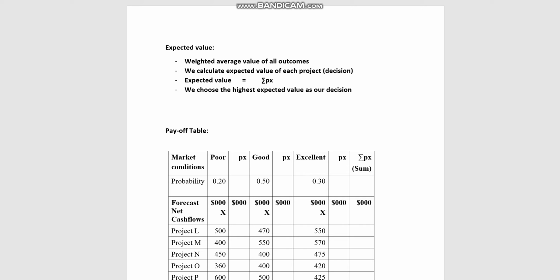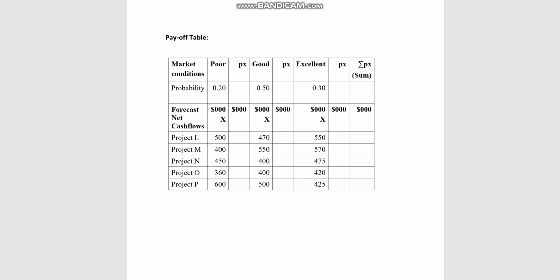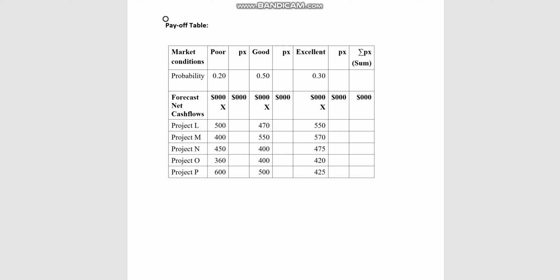Now let's have a look at how we arrive at the decision under consideration. So here is the payoff table which was given to us. Net cash flows were given for each project, and we were also given the probabilities of each market condition.